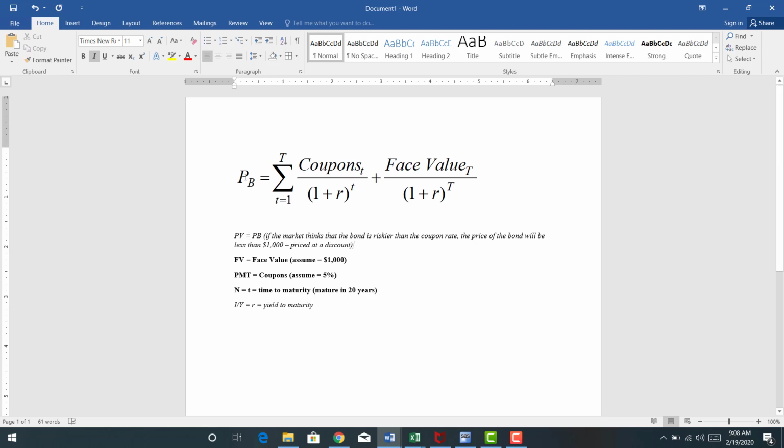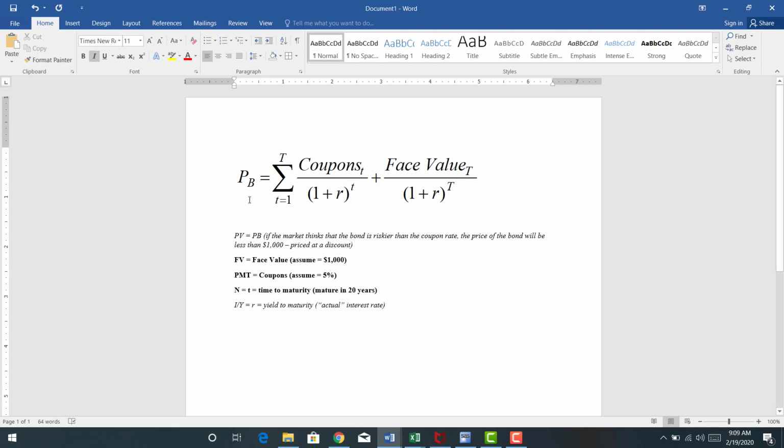The coupon rate is specified by the firm, the face value is specified by the firm, and capital T, the time to maturity, is specified by the firm. When the market prices this bond, you can back out R, which is the yield to maturity. In class, we mentioned on Tuesday that this is the actual interest rate that the firm pays.